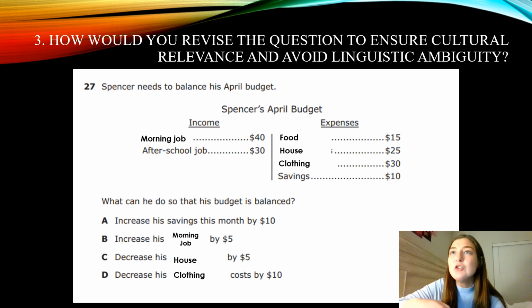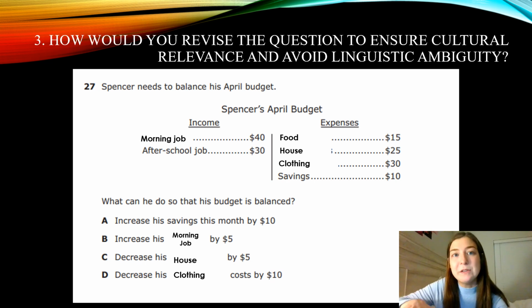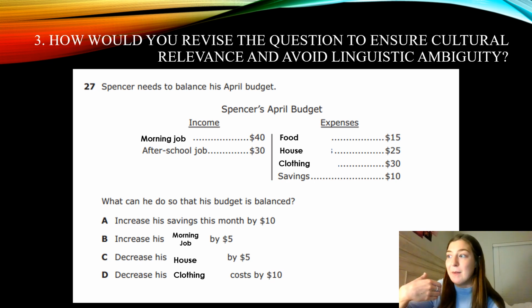And additionally, jobs are relevant to every student's life, whether their parents have a job, their siblings have a job, they go to a school where their teacher has a job, and they go to the grocery store where that grocery store clerk has a job. It just makes more sense and it's much more relevant and it eliminates that ambiguity of what is an allowance, because, I've never heard of it and my friend doesn't have one and so on and so forth.